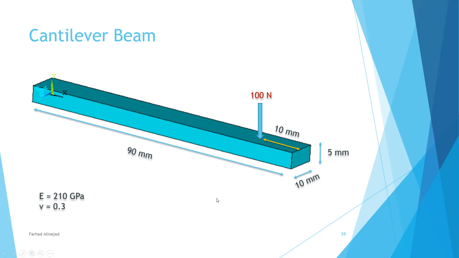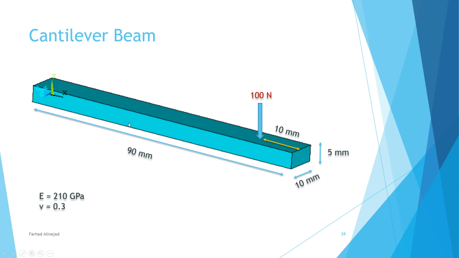Now, let's solve a very simple analysis to understand how finite element works. Here we have a cantilever beam, which is fixed on one side, and on the other side we apply a force which has a distance from the beam tip.